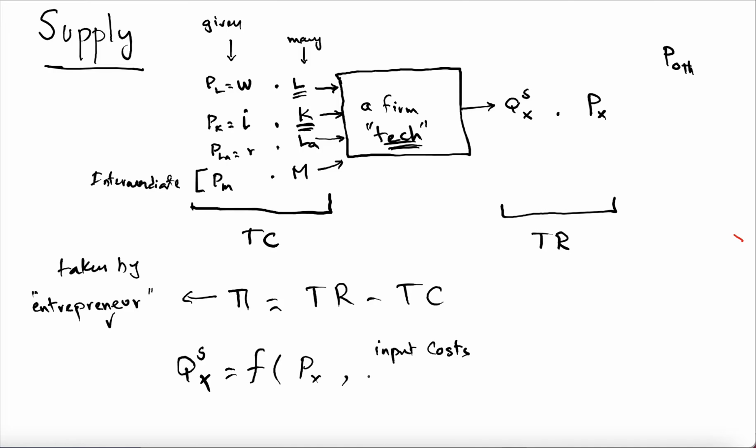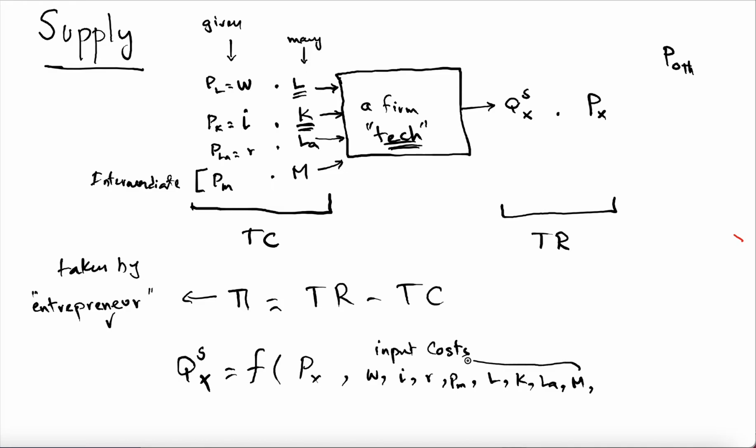You can name it wage, interest, rent, price of materials, or labor, capital, land, and materials quantities.